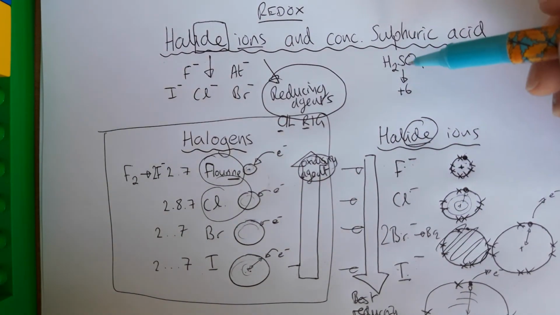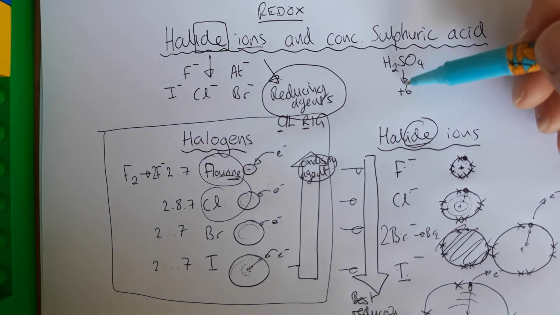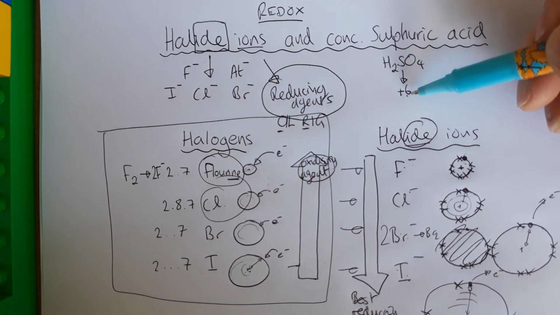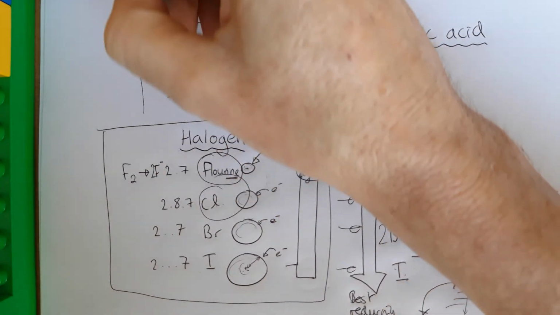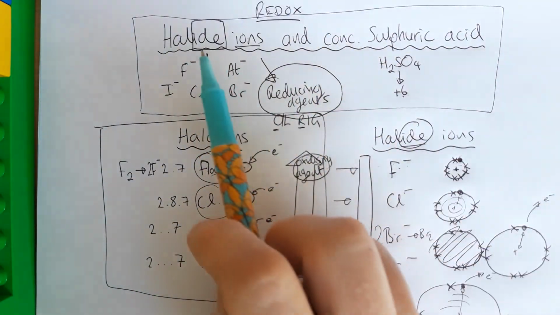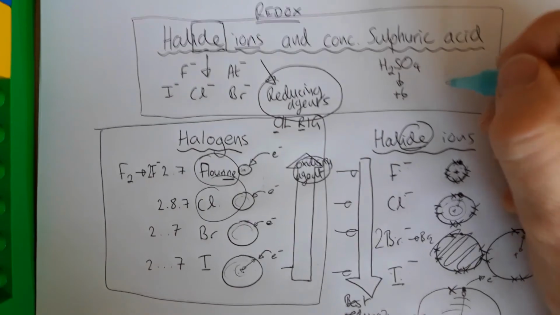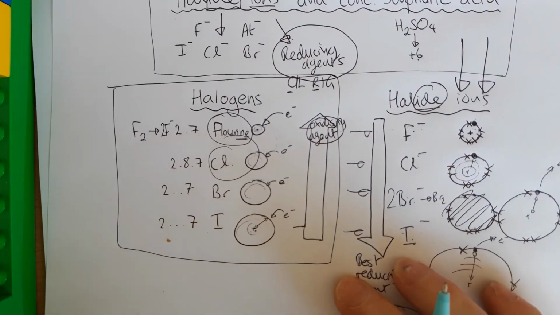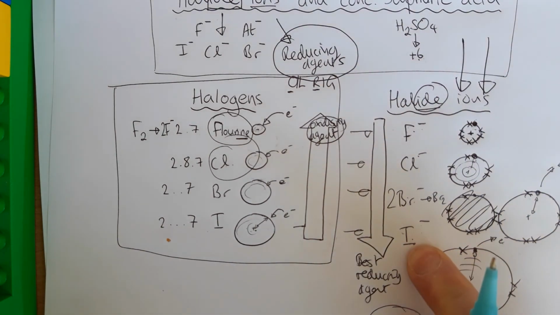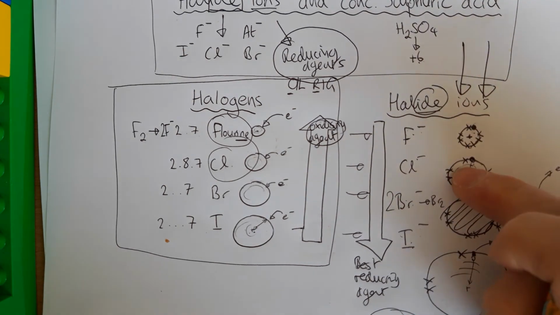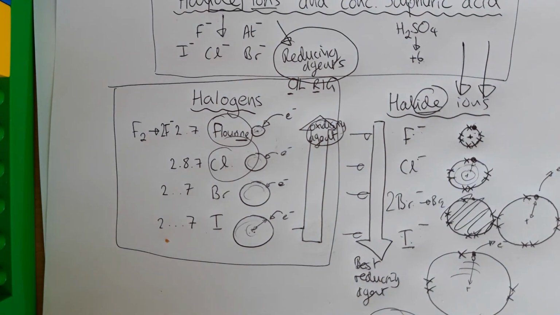And what that means is that the sulfur has got quite a positive oxidation state. In other words, it's quite keen to gain negative electrons. So the crux, the hard bit about this topic is understanding that all we're doing here is we're going to do a series of experiments that prove this little bit of theory, that prove that iodides are the best reducing agents and bromides are okay reducing agents, and fluoride and chloride do not want to let go of their electrons.